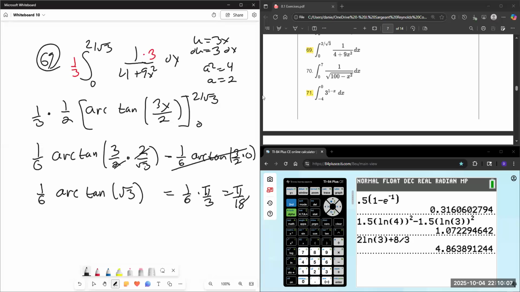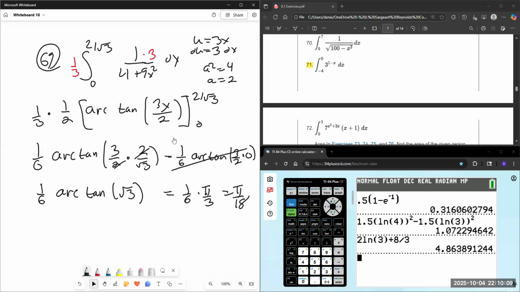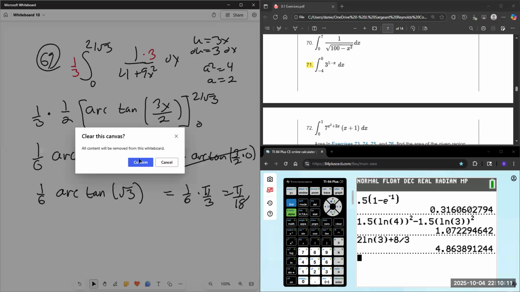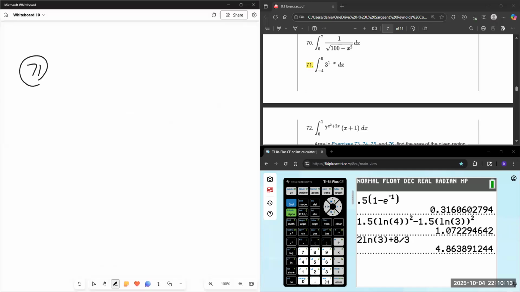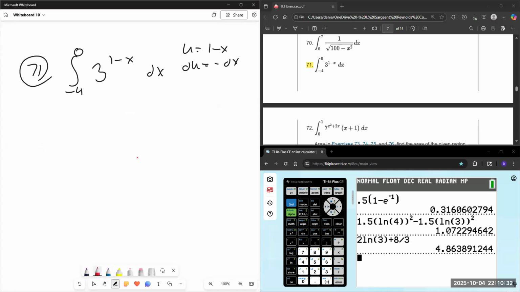Number 71. Integral negative 4 to 0, 3 to the 1 minus x dx. U is equal to 1 minus x. Du is a negative 1 dx. So that is a negative and a negative there.